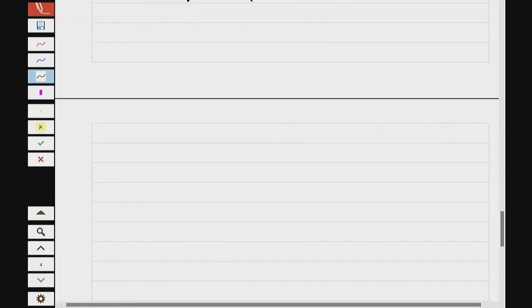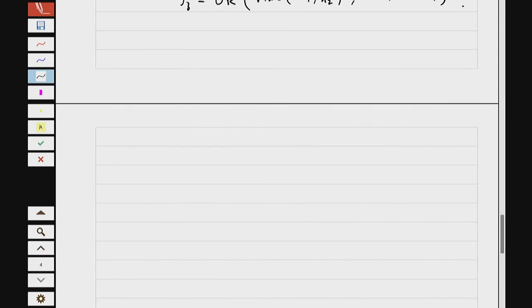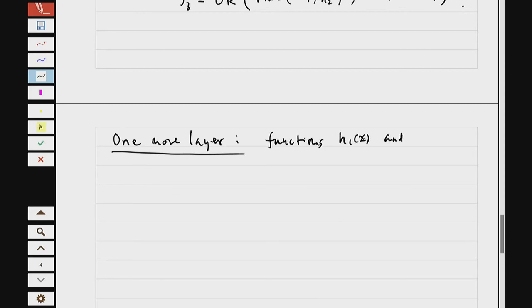So to create a mapping from X to the labels Y, we need another layer to map from X to H. So we need one more layer, the functions H1 of x and H2 of x.